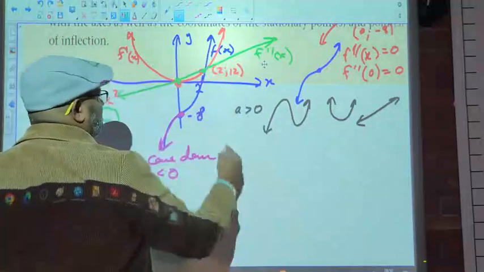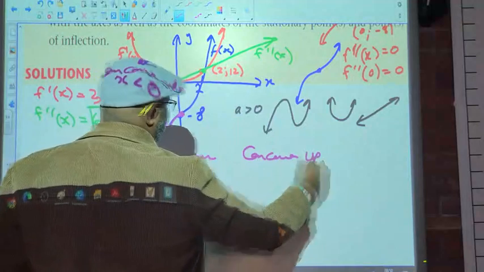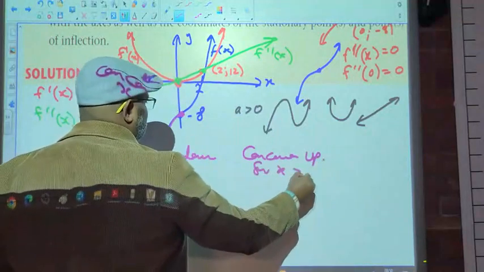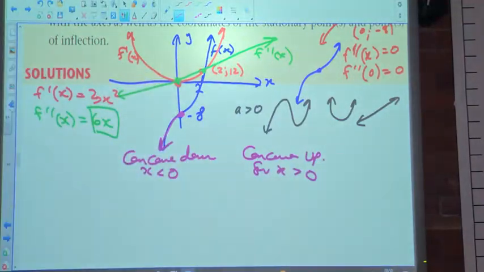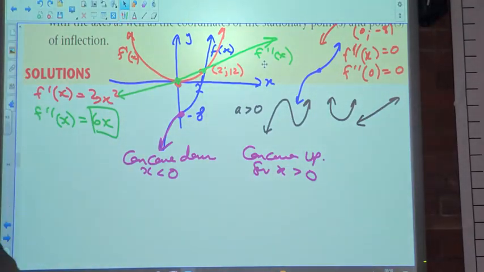And of course that is concave up, concave up for x more than 0. Okay. Any questions, people? This brings us to the end of the example for exercise 3.